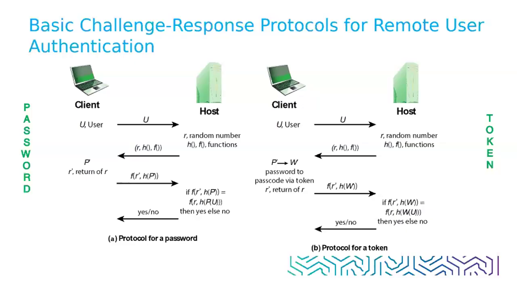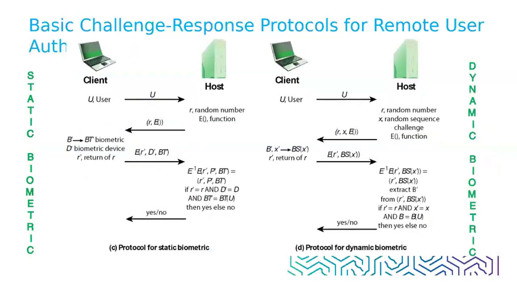Eavesdropping means secretly listening to or capturing the communication between two parties. An attacker will monitor the network and try to obtain the username, password, or authentication message. Then we have replay attacks. Instead of stealing the password, the attacker records a valid authentication message.